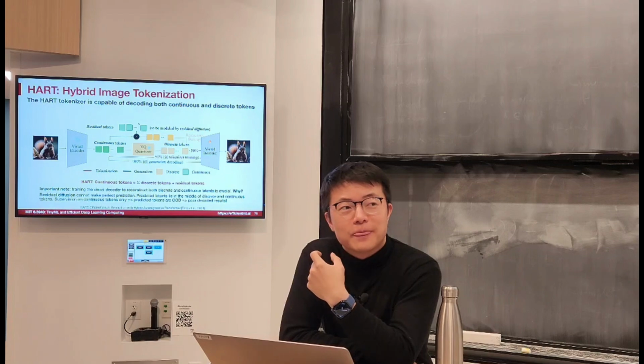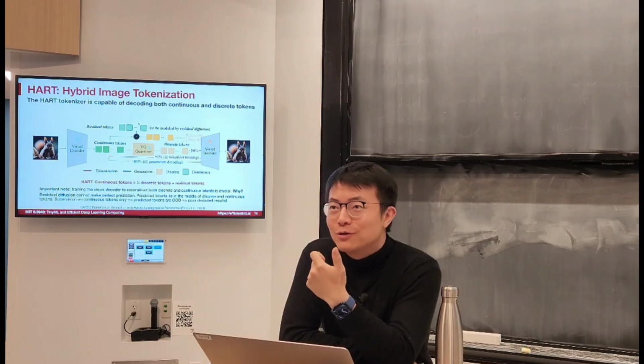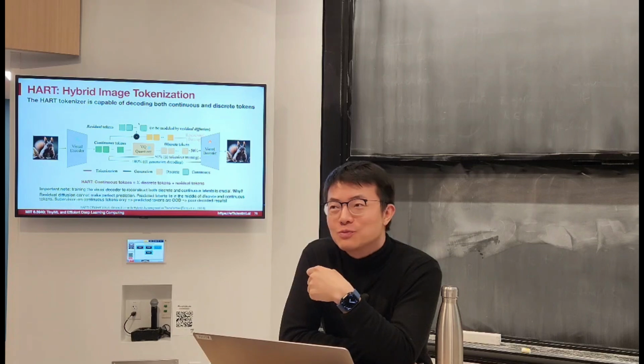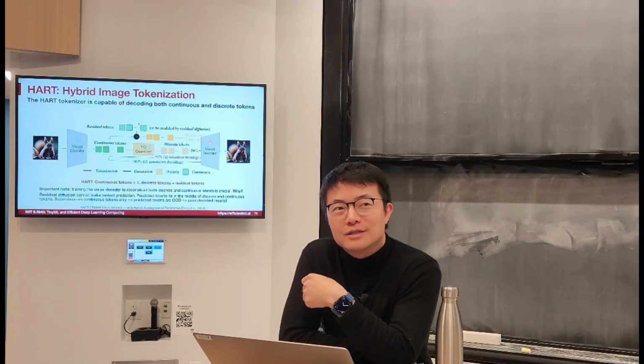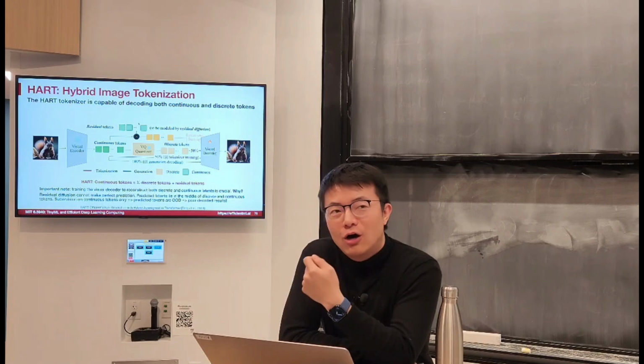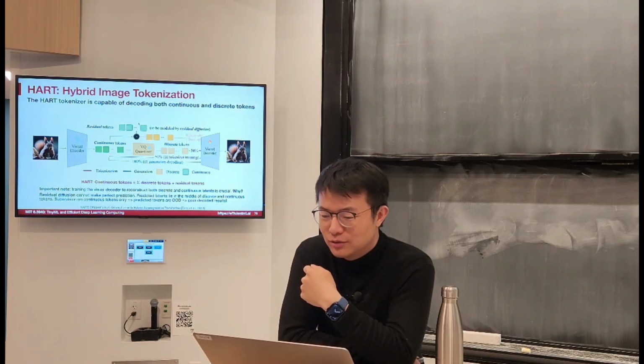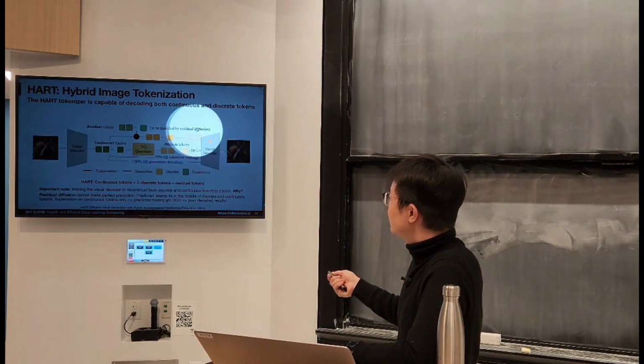You can imagine it's very difficult for us to learn those fine-grained details purely from these kinds of discrete tokens. So we can offload the difficulty of learning those fine-grained details to a very small diffusion model. We call it residual diffusion.